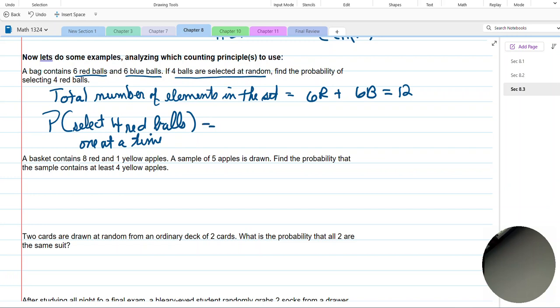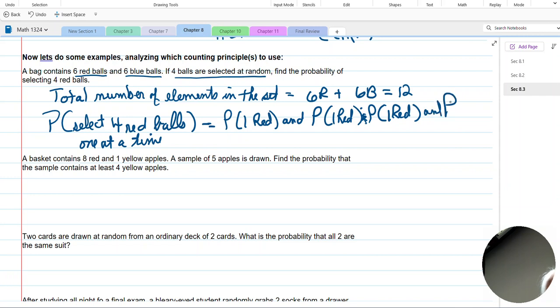We understand that we have the probability of 1 red and probability of 1 red and probability of 1 red and the last one, probability of 1 red. Well, we're talking about selecting from a bag. So, and means to multiply.